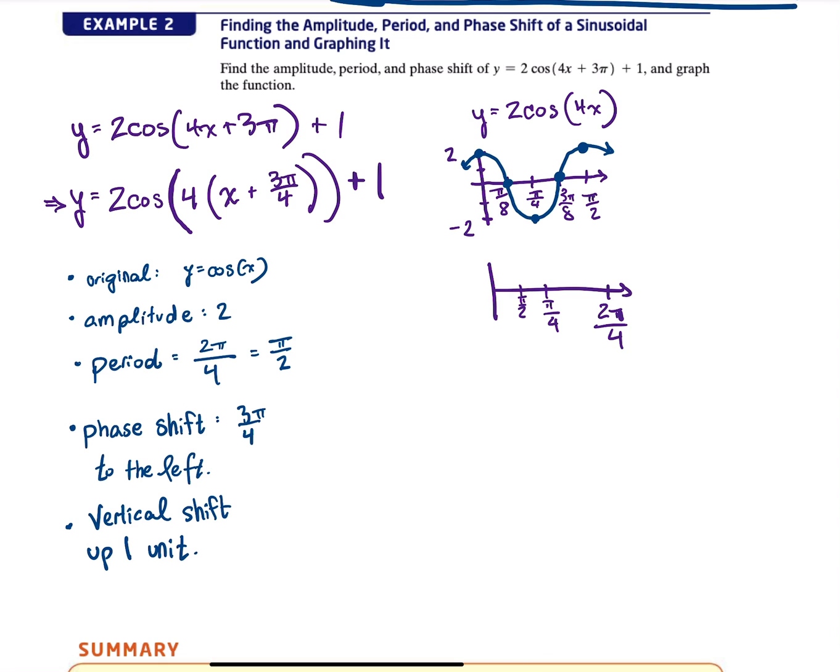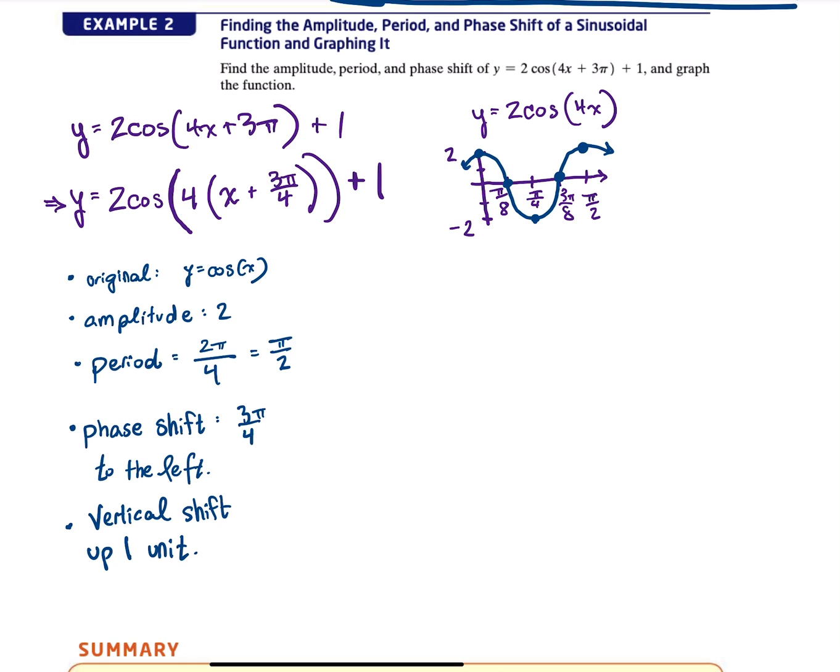So pi over 2 divided by 4, you end up with a 4 multiplying in the denominator. That'll give you your pi over 8, pi over 4, and pi over 2 over here, with 3 pi over 8 in between. So just showing some different ways to quickly get the period spacing when we're drawing a graph by hand.